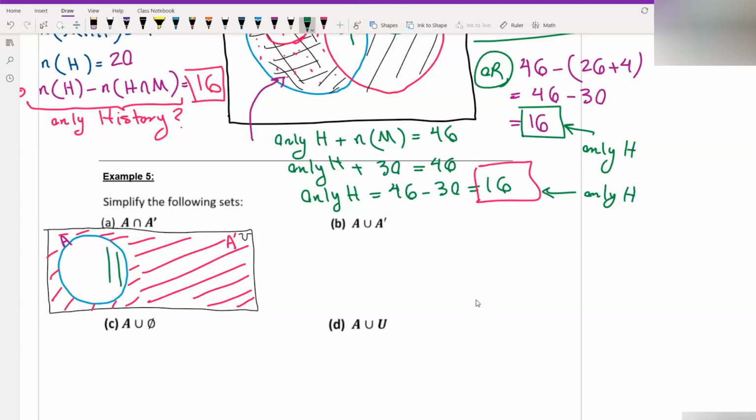And here is A. I'm using different colors so you can see, do we have any members in common between these two colors? So there is nothing in common, and that is empty set.